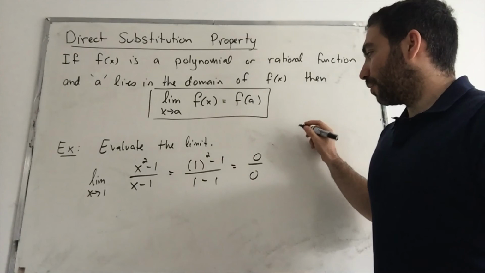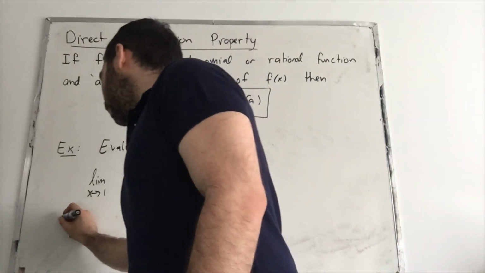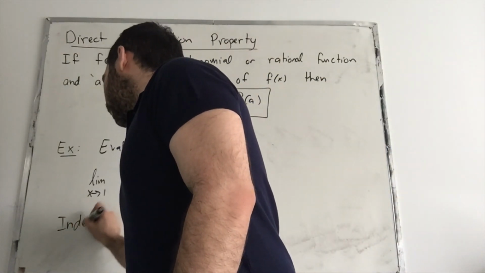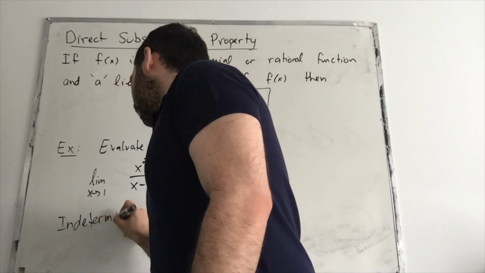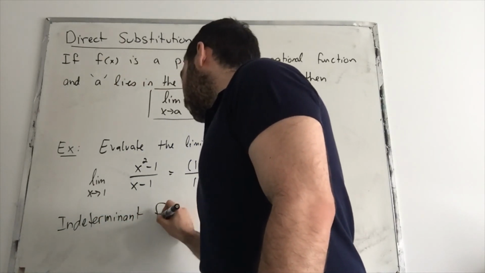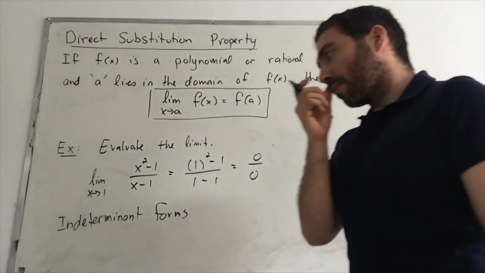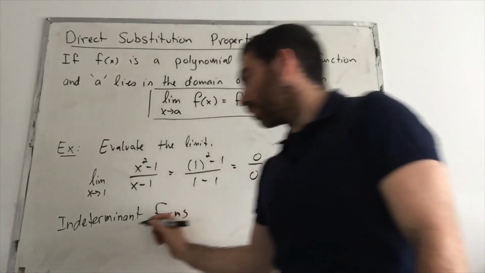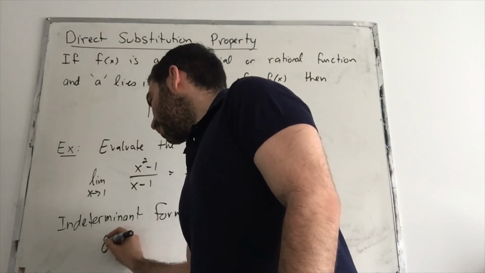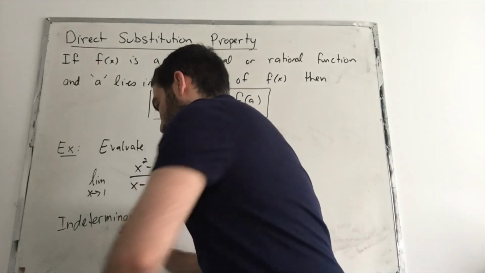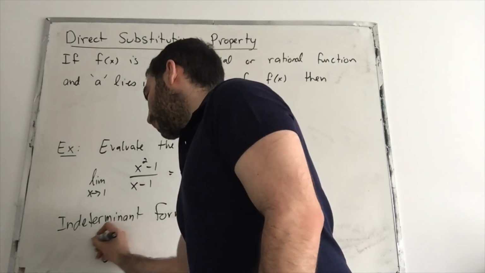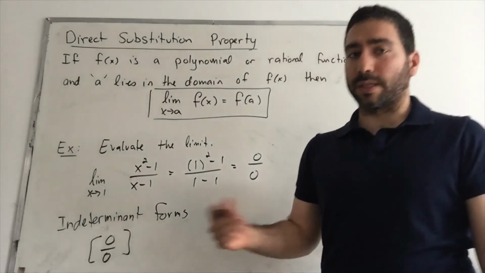The other type of indeterminate form that you have to know, so let's write this down, indeterminate forms. The two main types that we're going to work with for now are 0 over 0, 0 divided by 0, so we cannot divide by 0, so that's an indeterminate form.